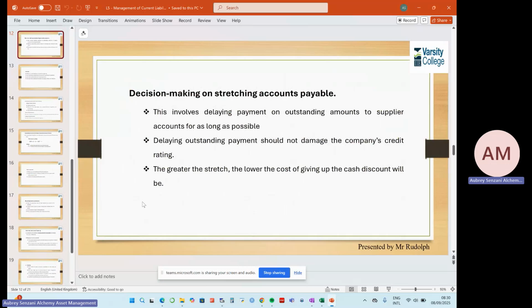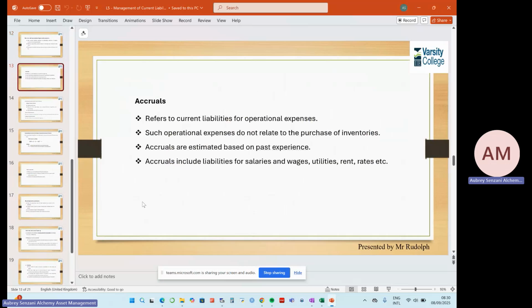The greater the stretch, the lower the cost of giving up the cash discount will be. Okay. This is why we wait until day 60 and not day 55, because then we wouldn't have fully stretched to the ultimate limit that we can stretch for.